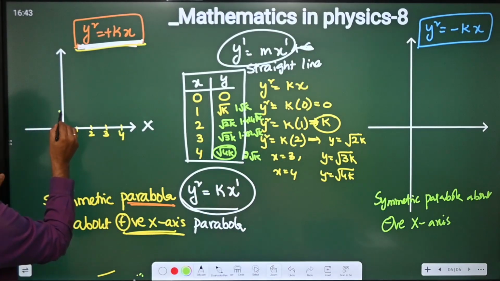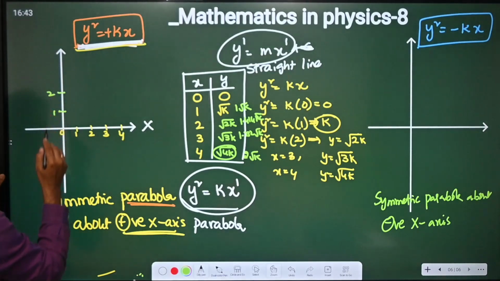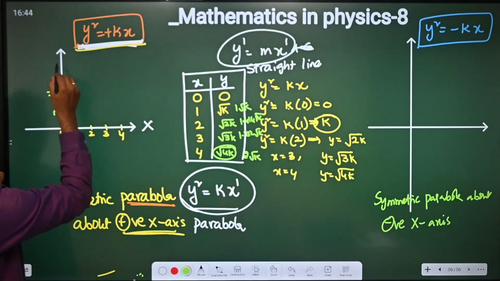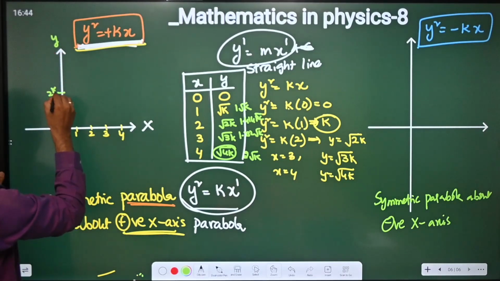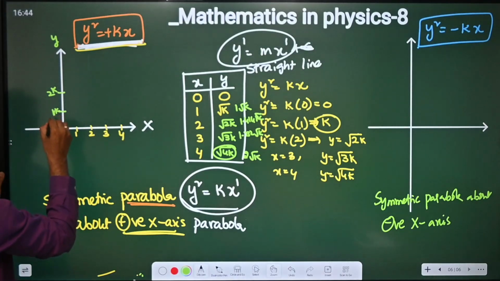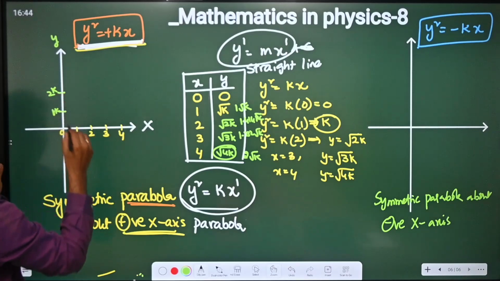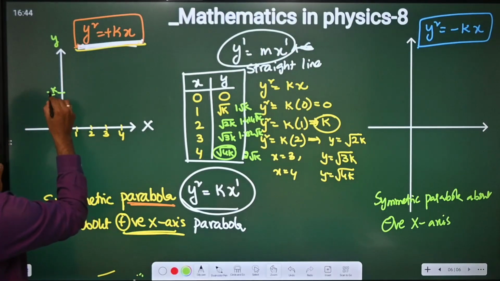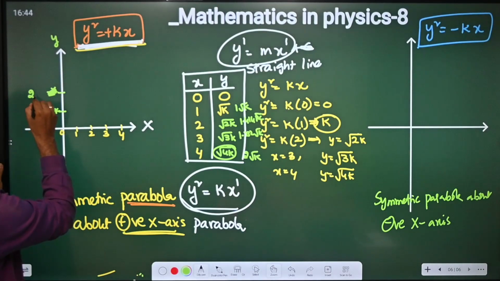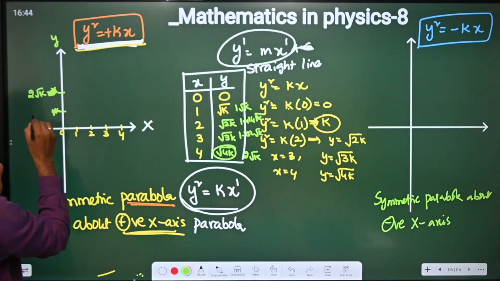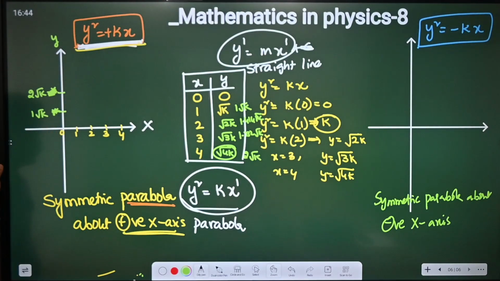So this is 1, this is 2. Now we write this as the y-axis, and this is 1 root k, this is 2 root k.